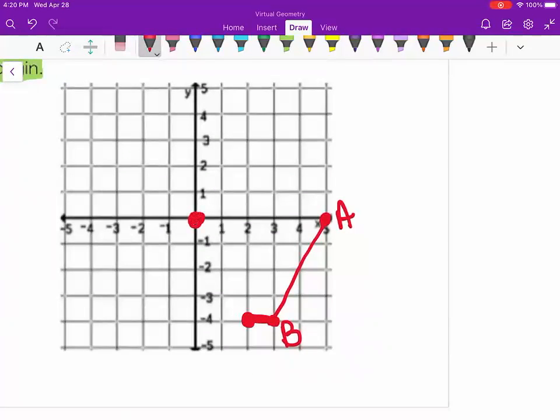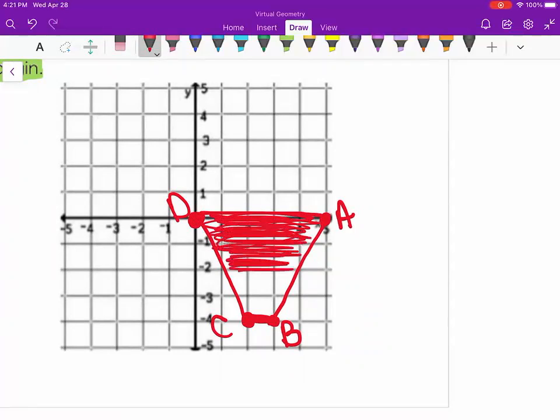And then D was at 0, 0. All right, so there's our shape. Bear with me, I'm just coloring it in to make it a little bit easier to see here. And so we're going to rotate this 270 degrees about the origin to the left.